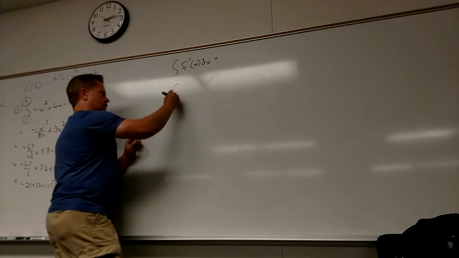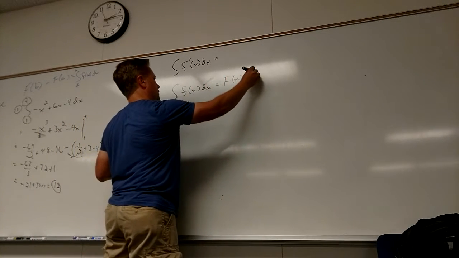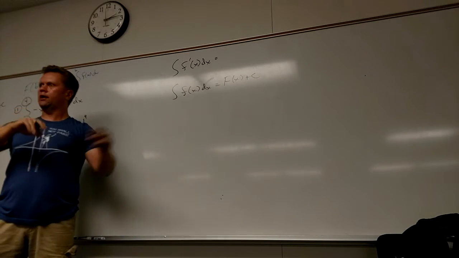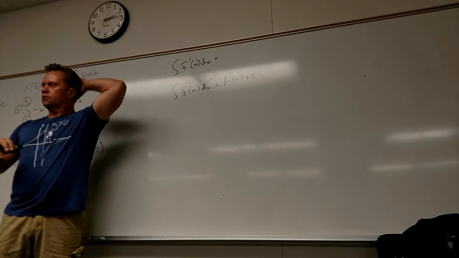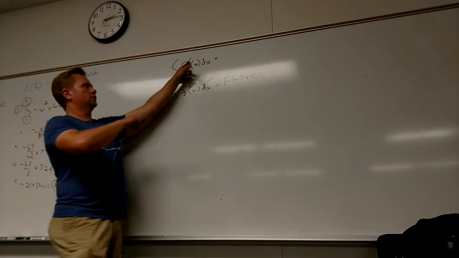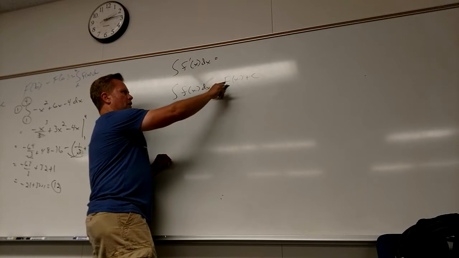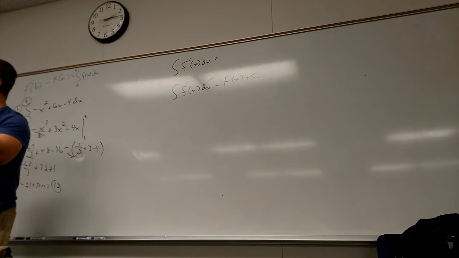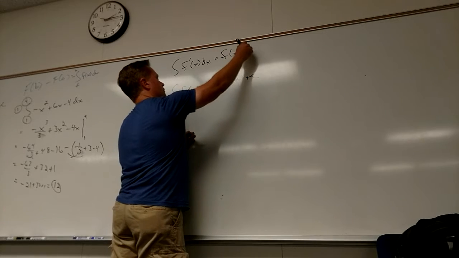If I write it like this, the answer is big F of x plus c, because now we know that integration is related to antiderivatives. F becomes big F because there are no primes to take away. I'm undoing the derivative. So if I undo this derivative, this just becomes this, right?